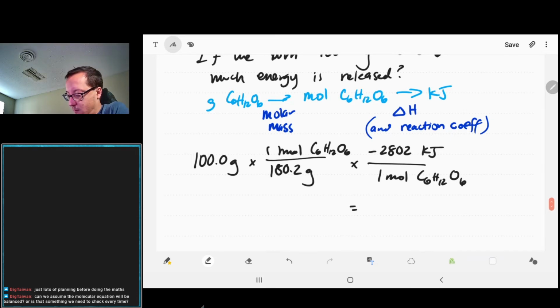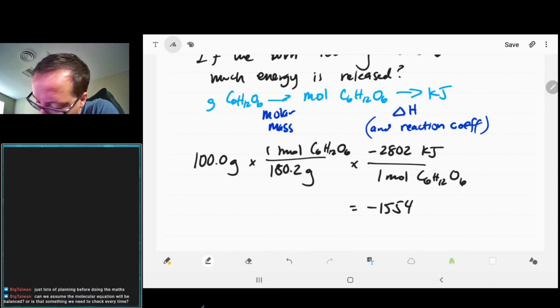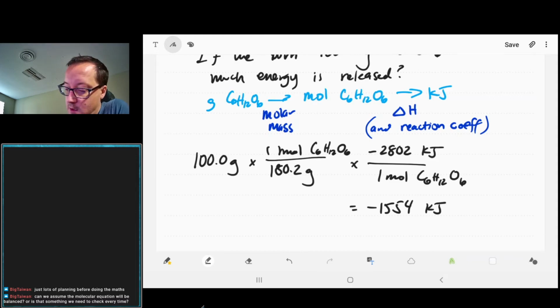And so we can do this. 100 divided by 180.2 times 2802. So we're looking at 4 sig figs. So we're looking at a total energy change of negative 1,554 kilojoules.